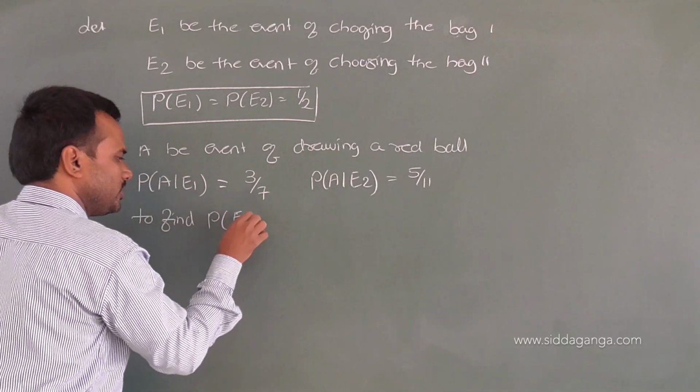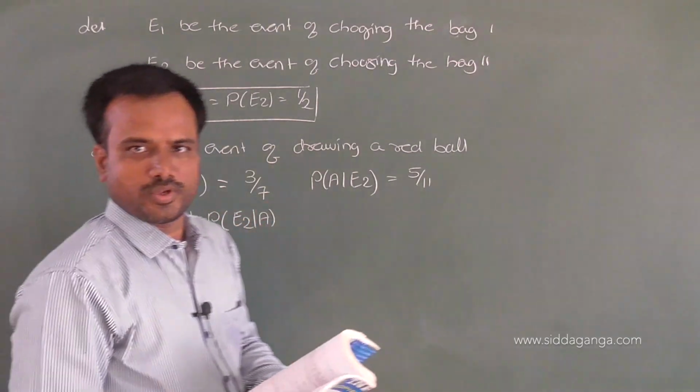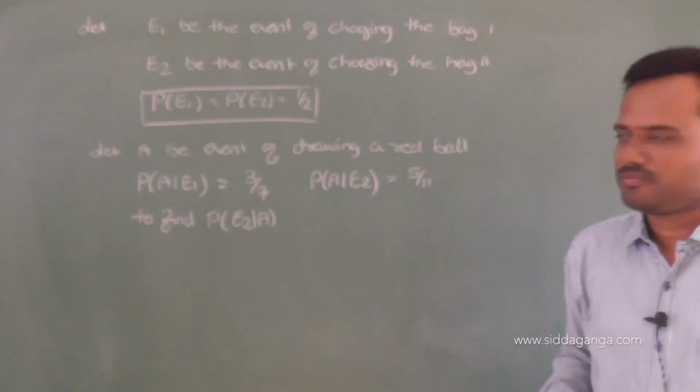probability of E2 given A. To find probability of what?